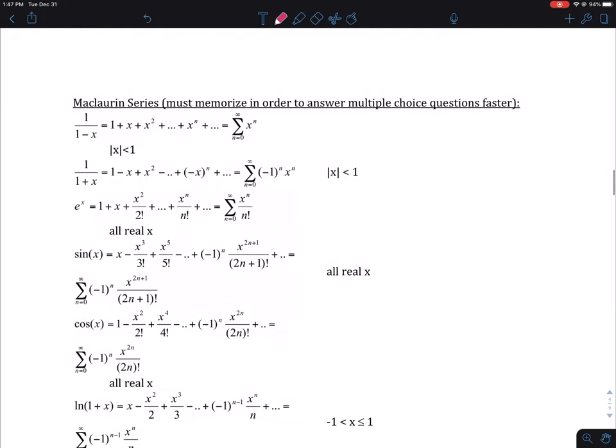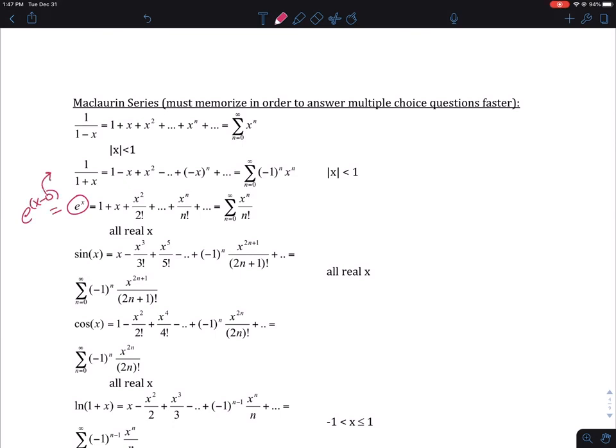So there's other series that you can do called Maclaurin series, where you're centered at 0. And what I mean by centered at 0 is I just have e to the x. Technically, this is e to the x minus 0, but we only write it as e to the x.